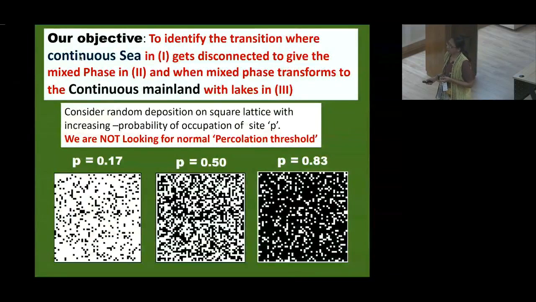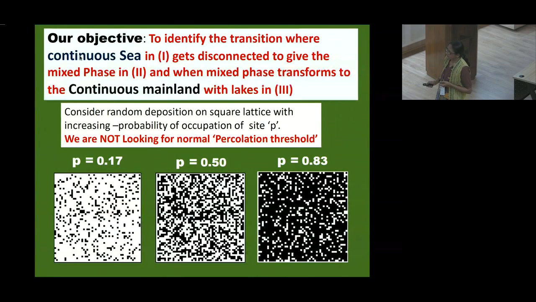So what we do here, we are looking at a square lattice, and initially the whole system is white. And we are dropping randomly black squares at different points with a concentration P of black squares. At this concentration, where P is 0.17, we have black squares isolated, and there is just one connected white background.